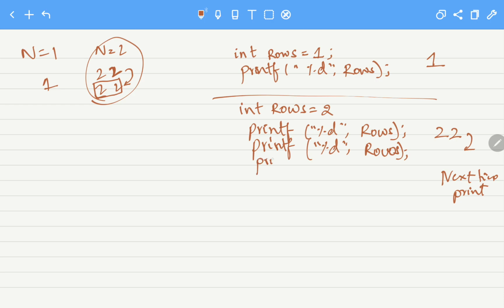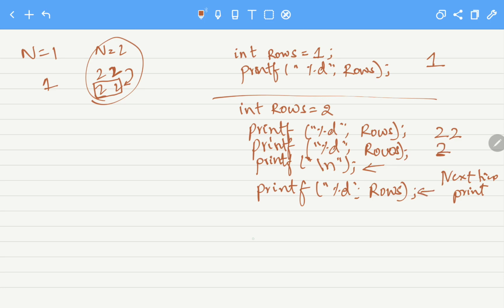So the first thing I will do is slash n, and again I will write rows. Now what this line will do, this line will come to here, the cursor will be pointing over here, and this line will write 2.